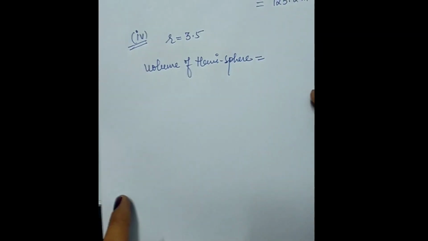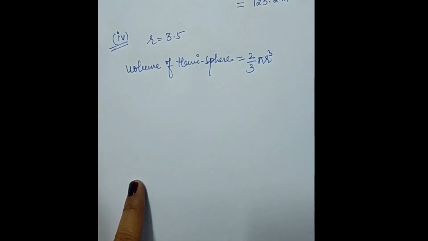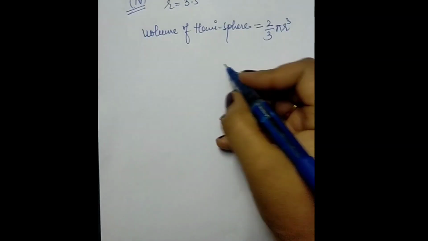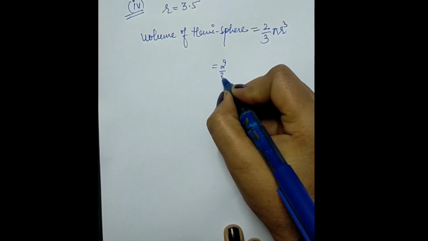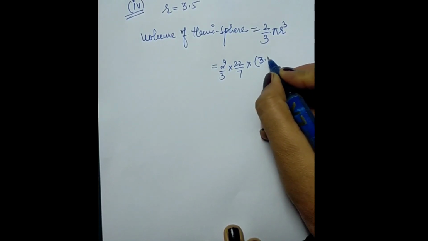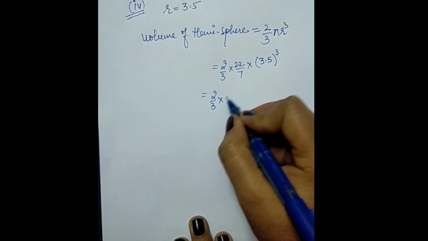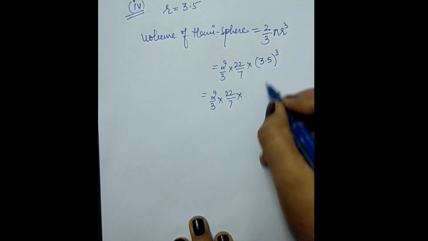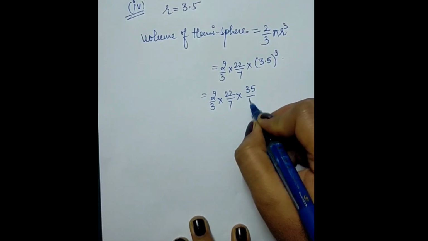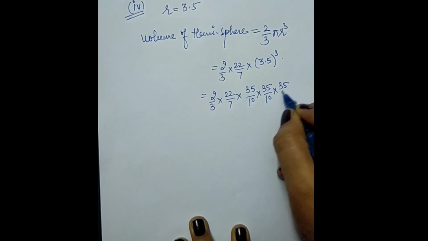So volume of hemisphere is 2/3 pi r cube. So let's solve it now. 2/3 pi r. That means 3.5 cube. 2/3 into 22/7. 3.5 means 35/10 into 35/10 into 35/10.